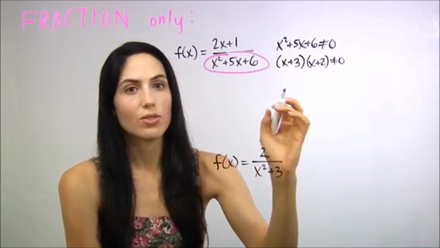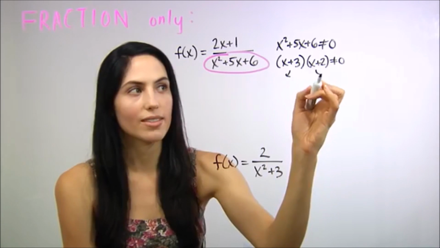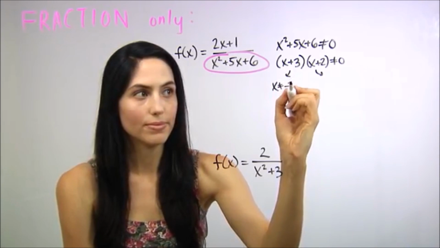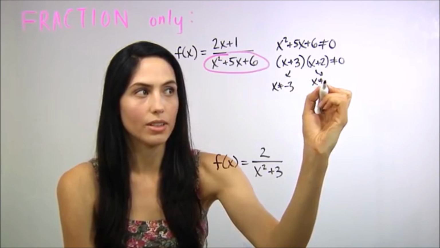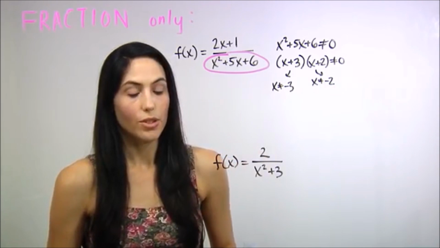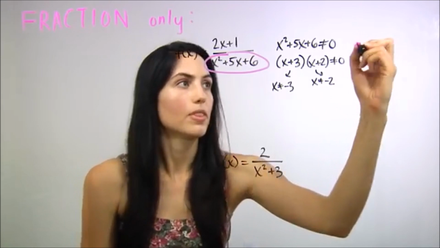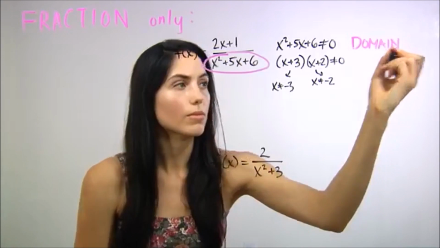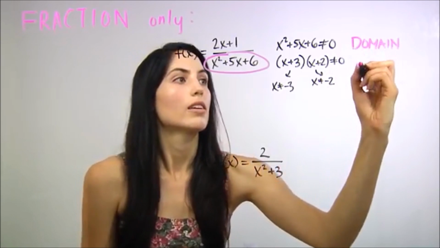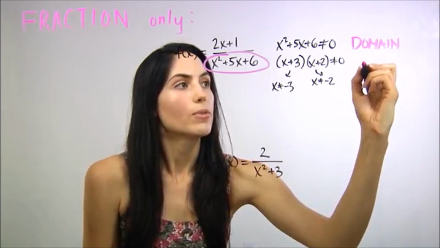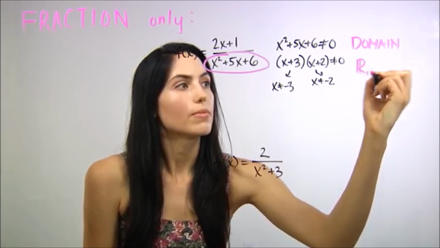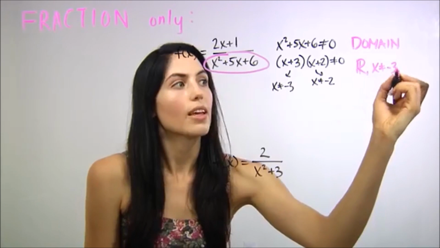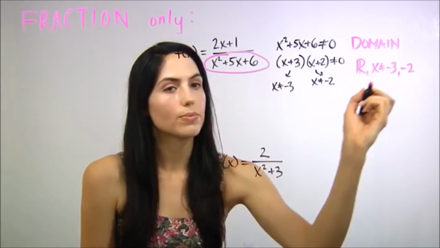So in this equation, we get 2 restrictions, 2 solutions. x cannot equal negative 3, and x cannot equal negative 2. So when we want to write the final answer for domain, you can write it as all real numbers, but x cannot equal negative 3 and cannot equal negative 2.